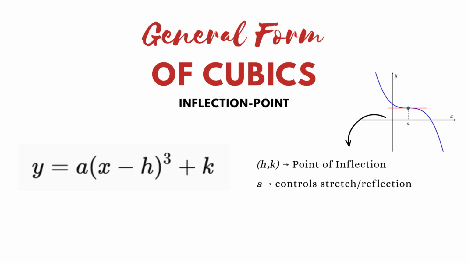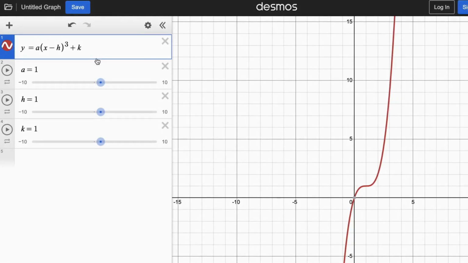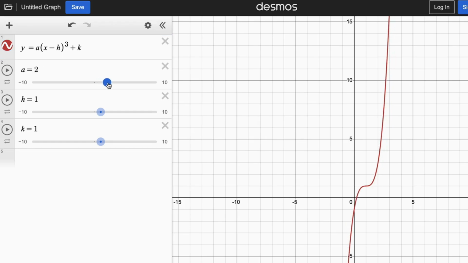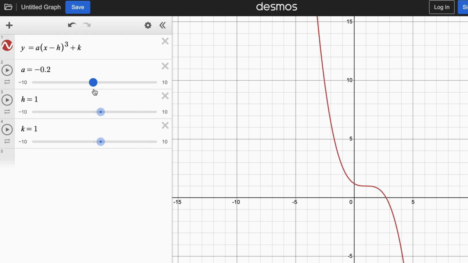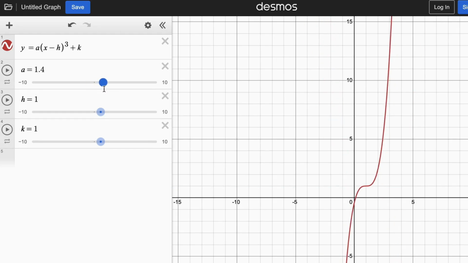So let's look at that on Desmos over here. Let's see what happens when we change our a. As I increase it, the graph gets more squished, so it's less stretched, but as I decrease it, it's stretching outwards. And once we go into the negatives, look at how it has reflected from this to this.